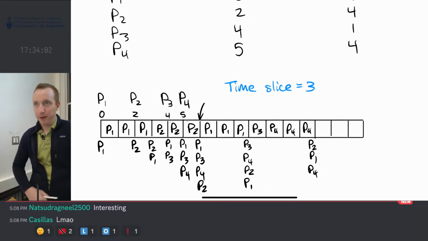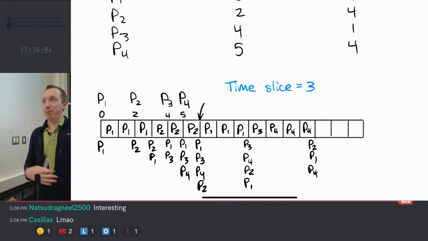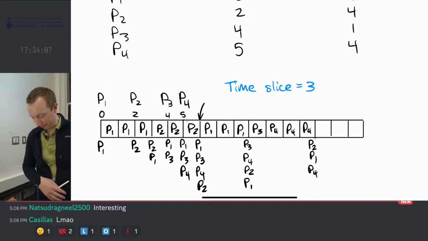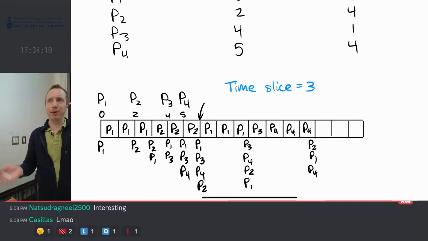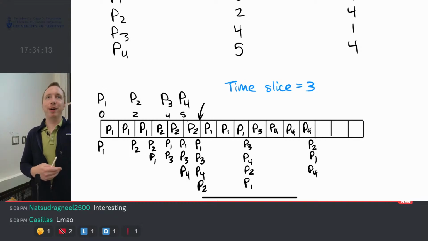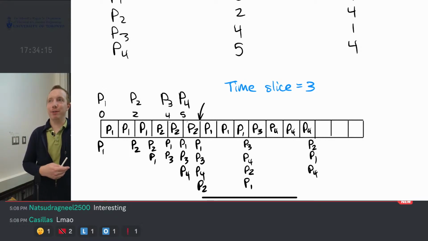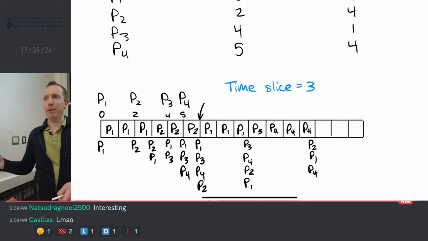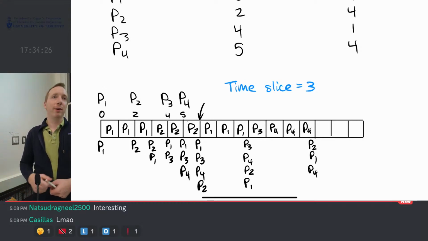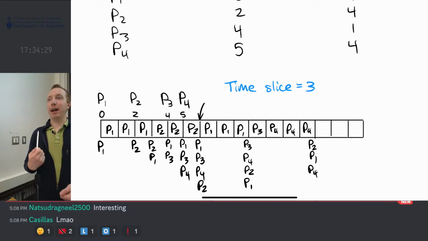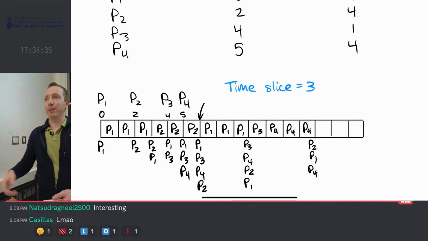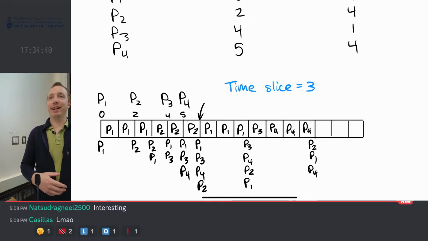So the reason why P4 gets a brand new time slice and doesn't just use the remaining 2 is, well, if you were malicious about it and could figure out how big the time slice was, say the time slice was 10 units and another process just got whatever the remaining time was, I could time my process so that after 9 time units, it does something that causes a sleep, and then the scheduler makes a new decision and gives that new process a single time unit, and then it reschedules me, and I get my full 10 again.